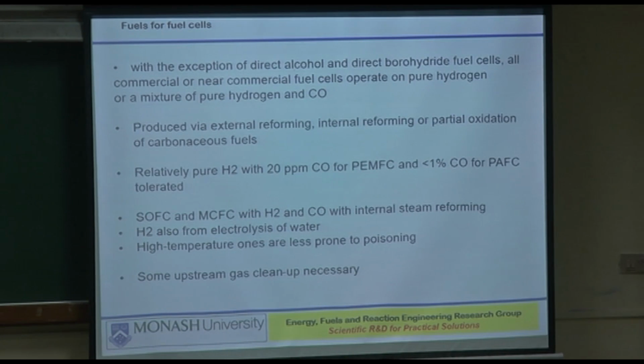Partial oxidation is nothing but a sort of gasification, really. It's just a name, because you are reforming it with oxygen as opposed to reforming it with steam or carbon dioxide. That's why the partial oxidation term comes in.